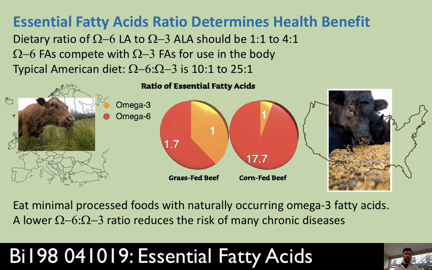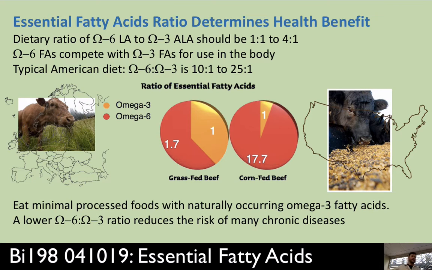They have concluded that the ideal ratio is about 1 to 4, or 1 to 1, or up to about 1 to 4 omega-6 to omega-3. So you typically need more omega-3 fatty acids than omega-6 fatty acids.